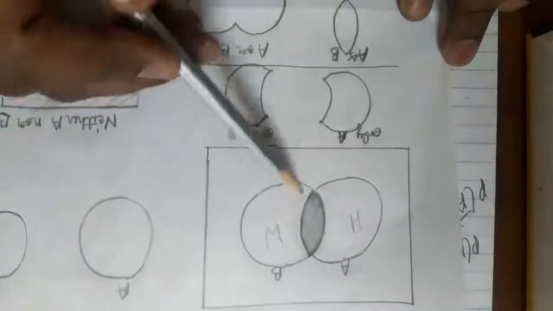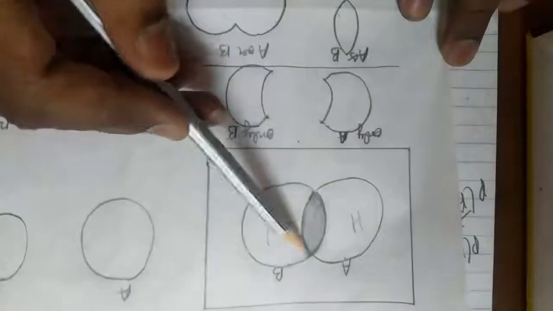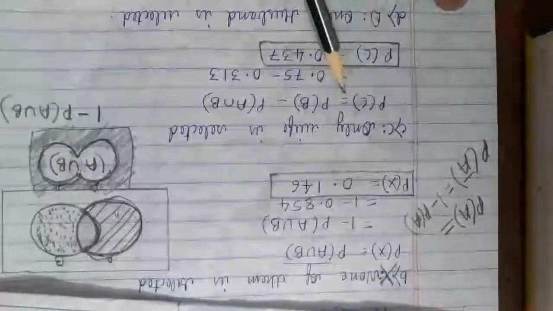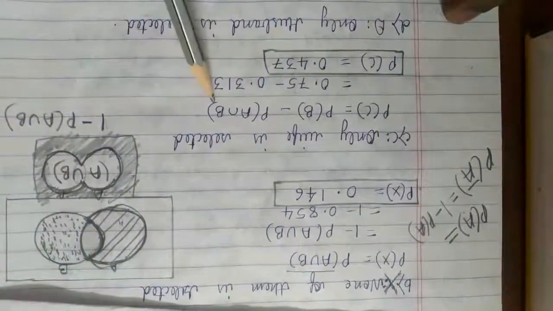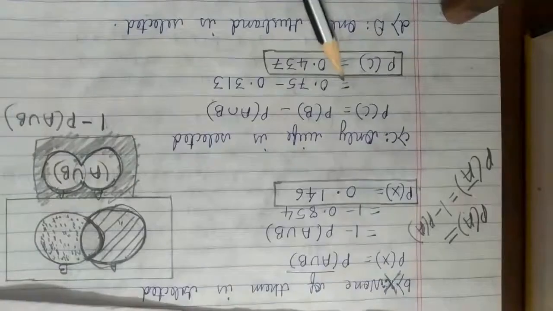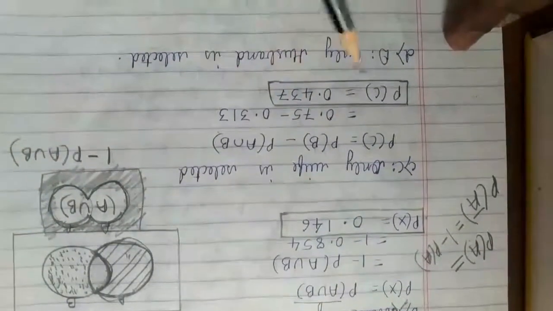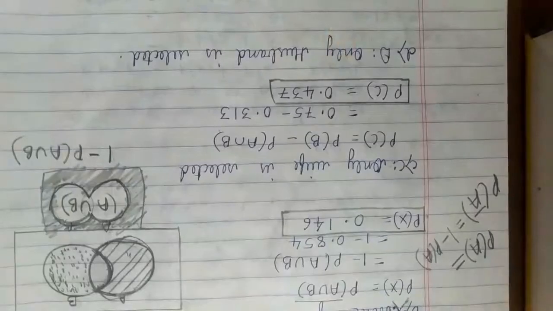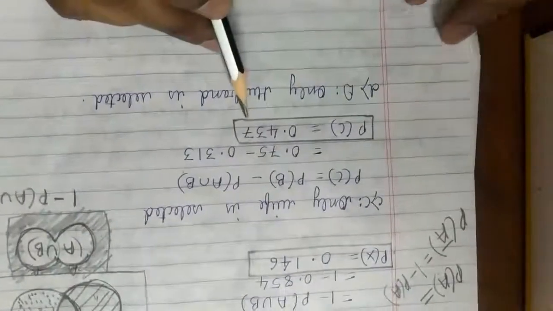If you remove intersection of A and B, you will get only wife is selected. Right? So in this case, probability of C is equals to probability of B minus probability of A intersection B. Right? So which is equals to 0.75 minus 0.313, which is equals to probability of C is equals to 0.437. So this is how you have to solve this thing.